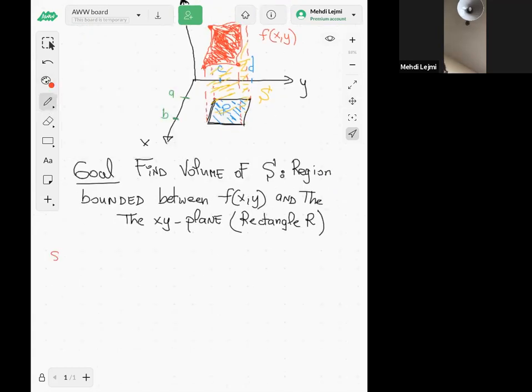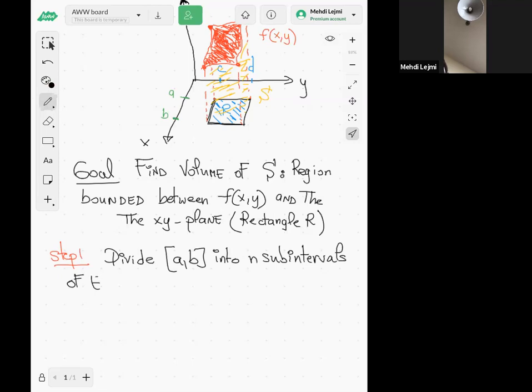So step one: we're going to divide AB into n subintervals of equal width, delta x, and we have the same formula for delta x. It's the length of your interval AB, which is b minus a, over n, since we have n subintervals of equal width.